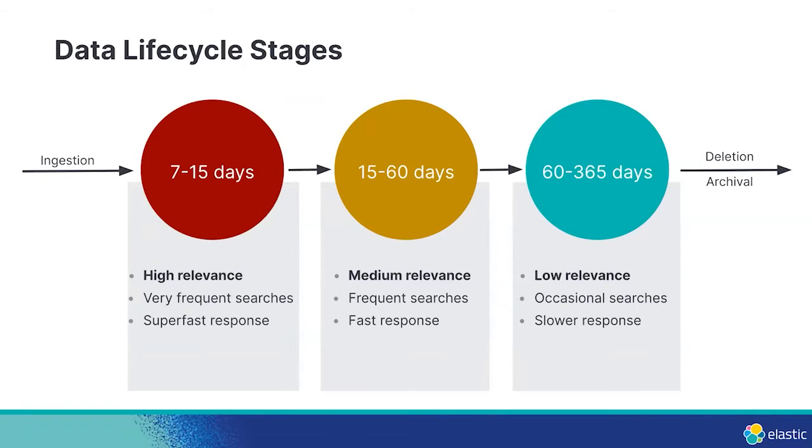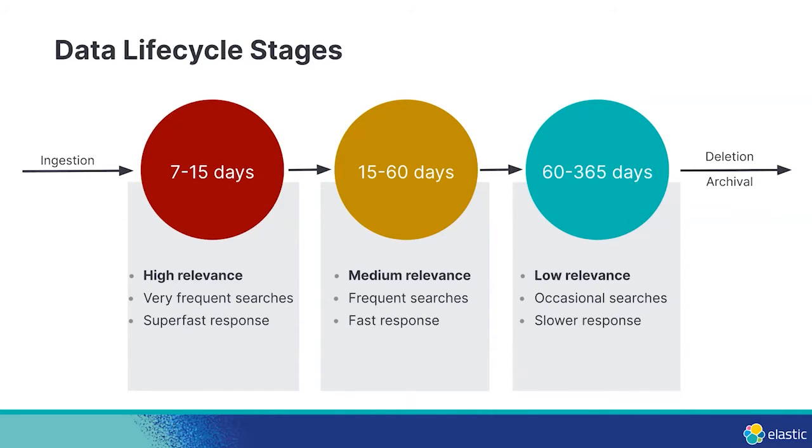But either as the data ages or based on other categorization rules you may have, it's used less frequently. An example: how does this spike compare to last month? Has this user logged into a restricted system in the last 2 months? That's what we'll call the medium relevance stage, where searches are less frequent, but still require a fast response.